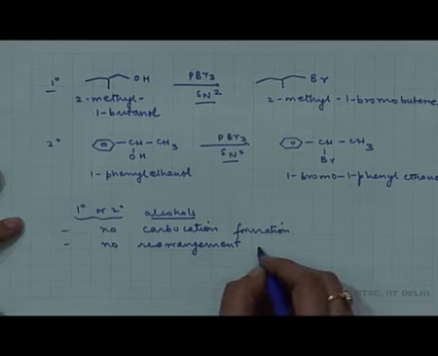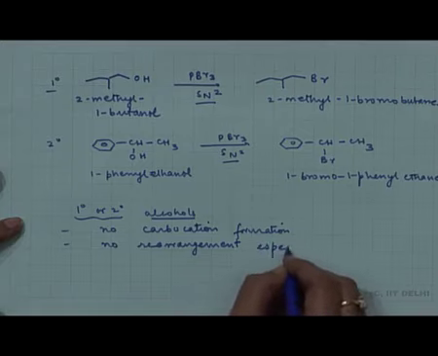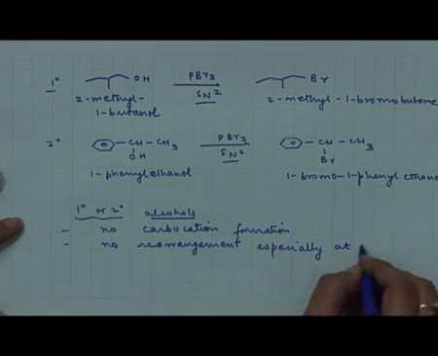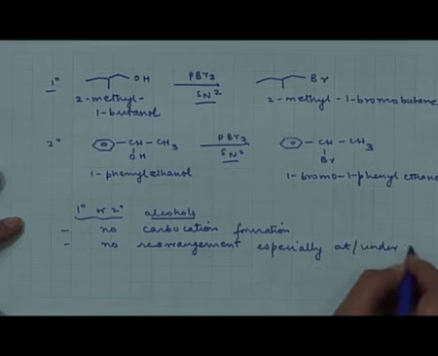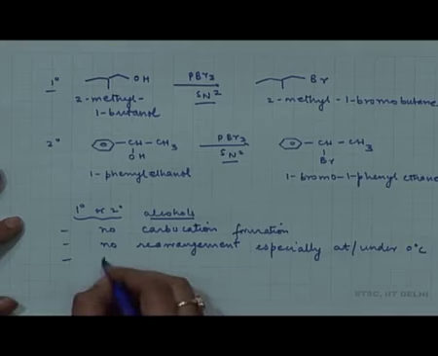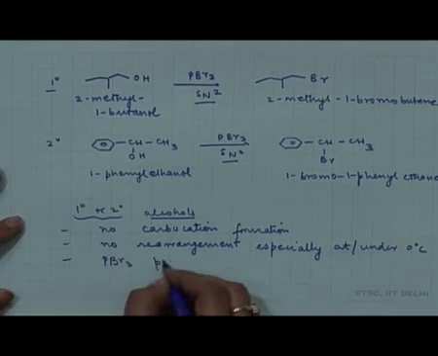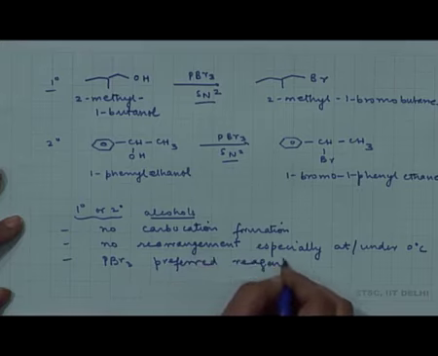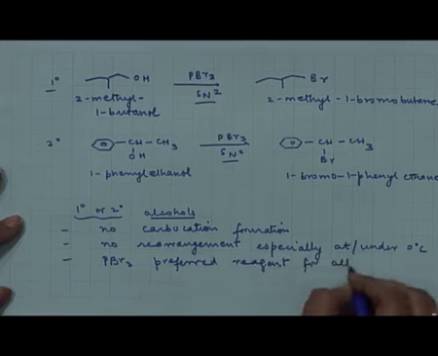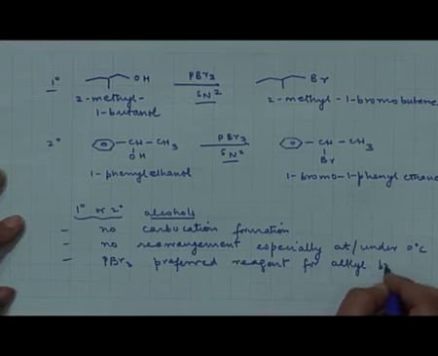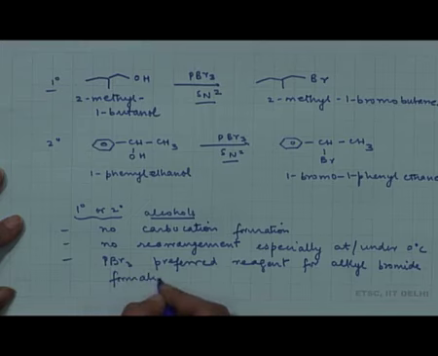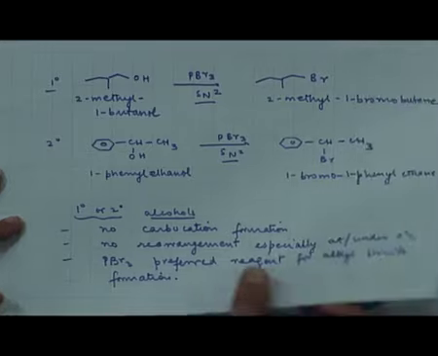Since there is no carbocation, there is no rearrangement, especially when you carry out this reaction at or under 0 degree centigrade, and therefore, we say that PBr3 is the preferred reagent for alkyl bromide formation. Okay, so, for these reasons, this is the reagent of choice when we have to make the bromides from the alcohols.